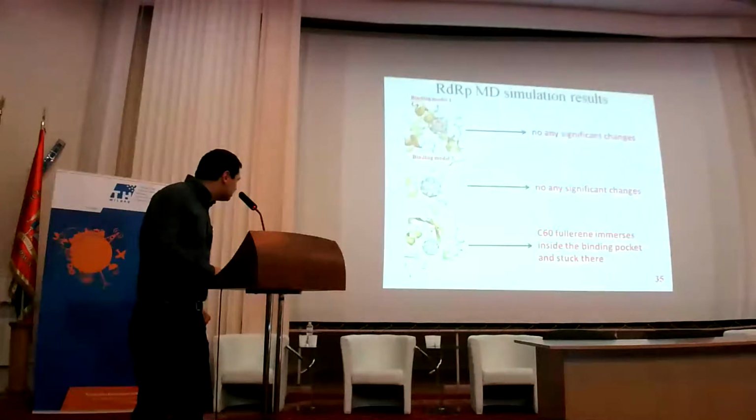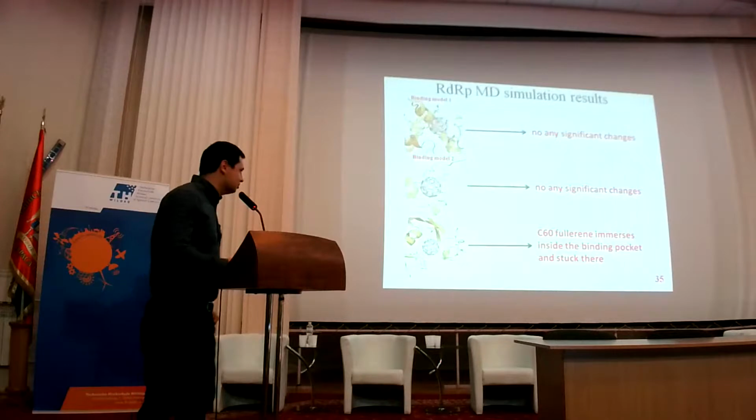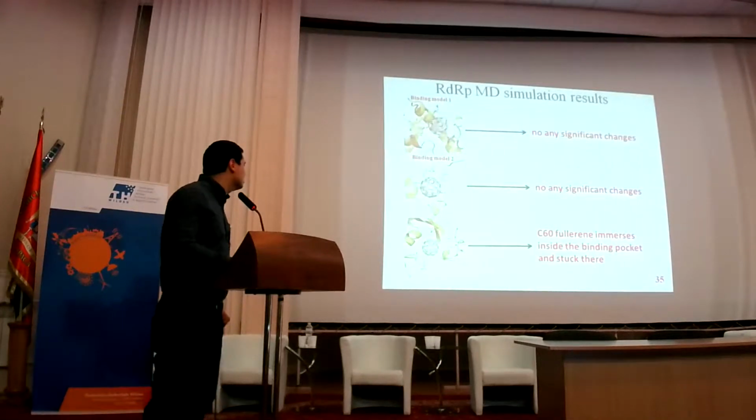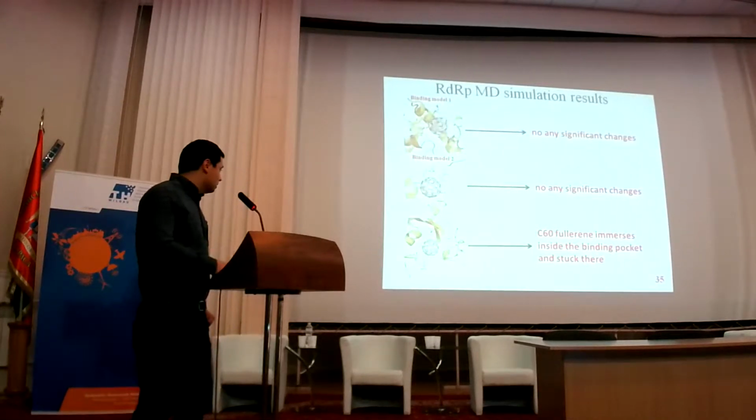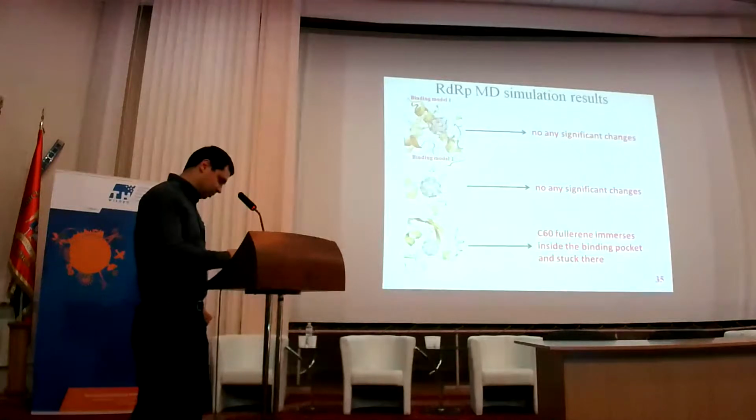Unfortunately, somehow it isn't clear with this tyrosine and maybe phenylalanine, but I'm sorry, I don't see it here. I don't know why it isn't clear. Okay, so we have pockets 2 and 3 without significant changes.